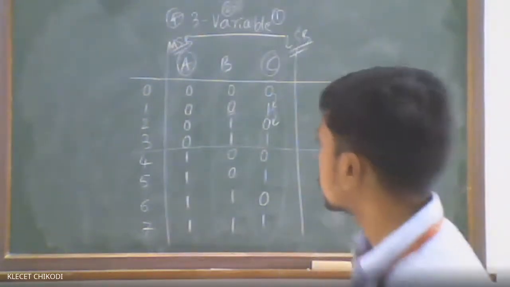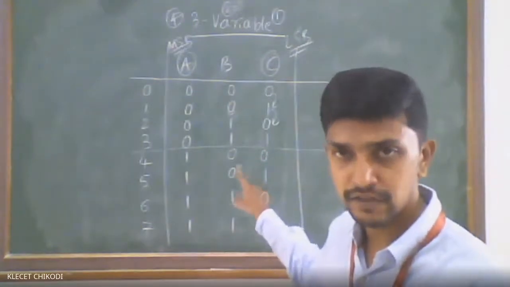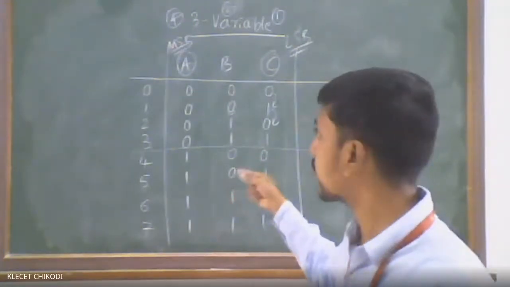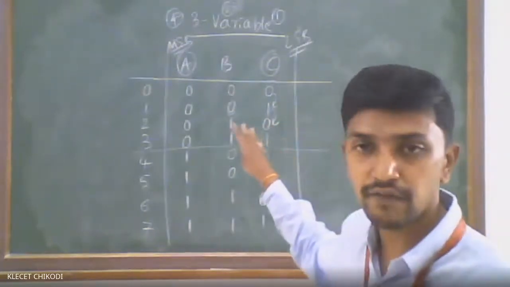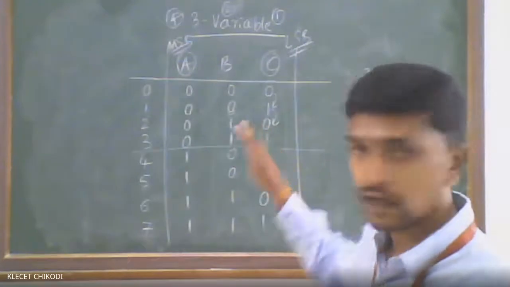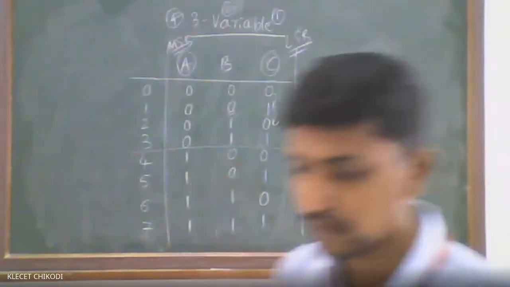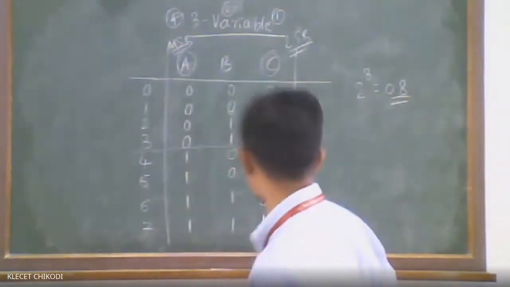Okay. Now we have written a truth table for 3 variables. How to write a truth table for 4 variables now? We have to write it for the 4 variables now. How to write that? You see here.